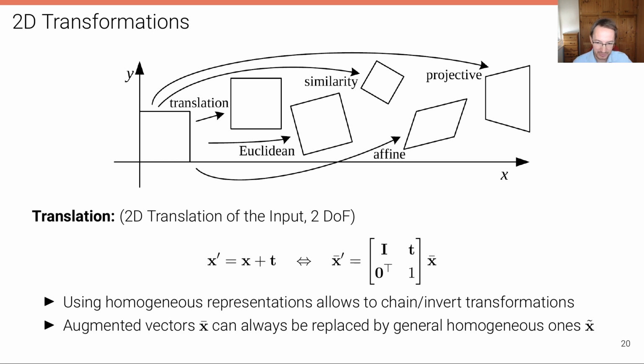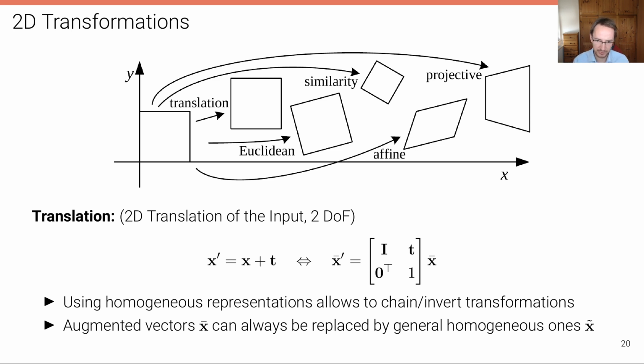Now, using such a 3x3 matrix here instead of this allows us to very easily chain or invert transformations. So we can compute the inverse translation by inverting this matrix, and we can chain multiple translations by multiplying multiple of these matrices together into one matrix that then represents the chained overall transformation.